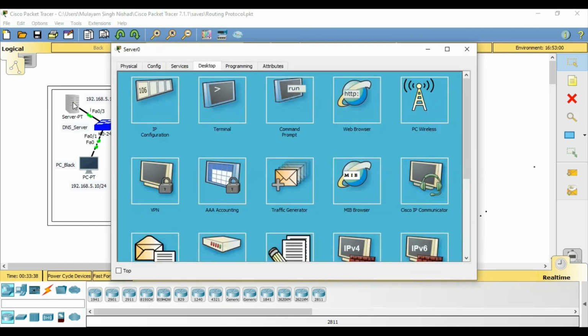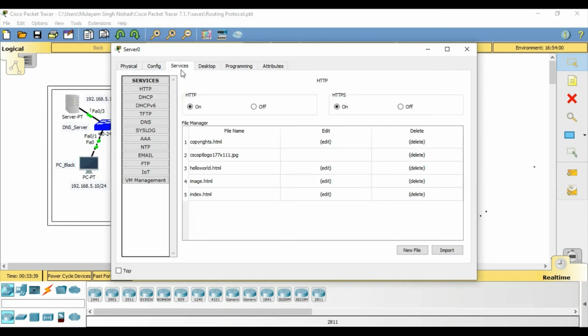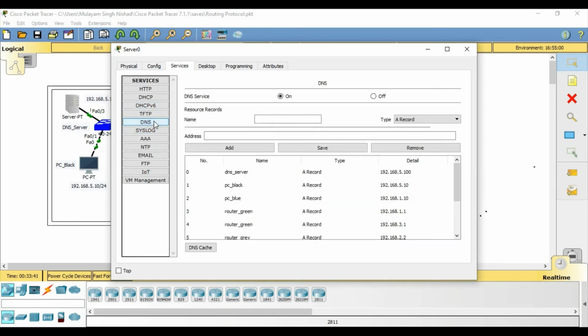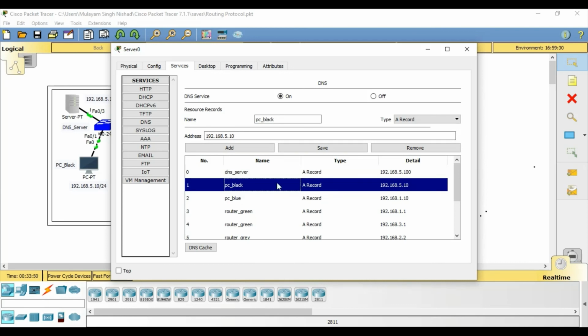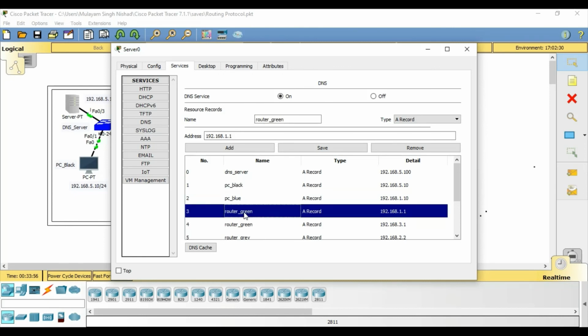With the help of DNS services, you are able to ping any device with the host name instead of IP address. So you can see on the DNS server, DNS services, these are the host names with the IP addresses. So if you ping any host name like router green, it will take the IP address from this router green. This is the IP address, so it is able to ping.